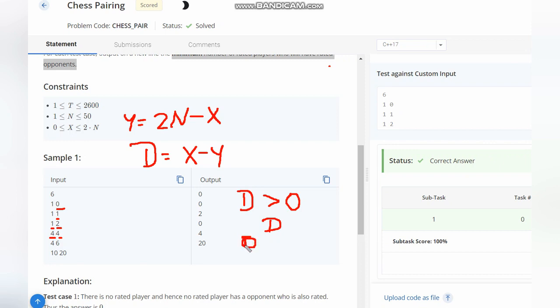Because if the difference is less than or equal to 0, we have more or an equal number of unrated players, which would not lead to the situation of pairing the rated players. So this would be our approach, and as you can see, this is the correct answer. I hope you all understand the solution. Thanks for watching.